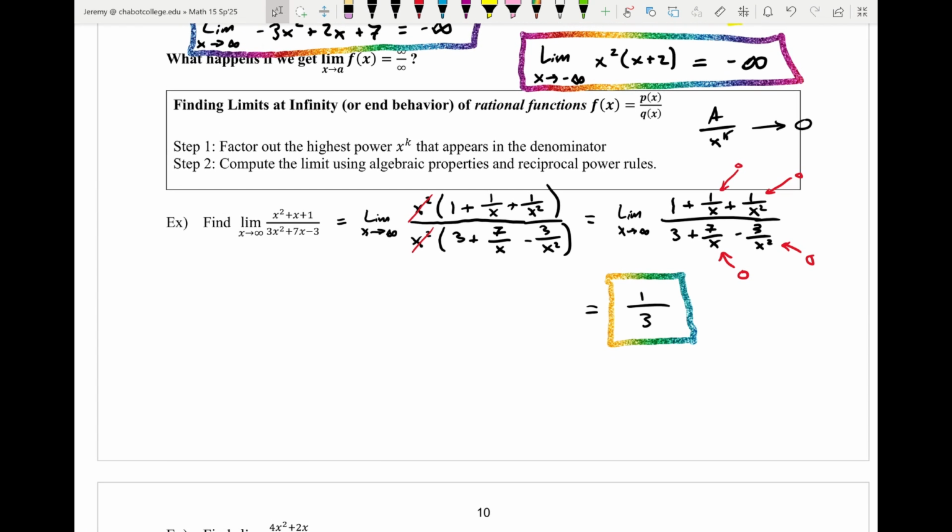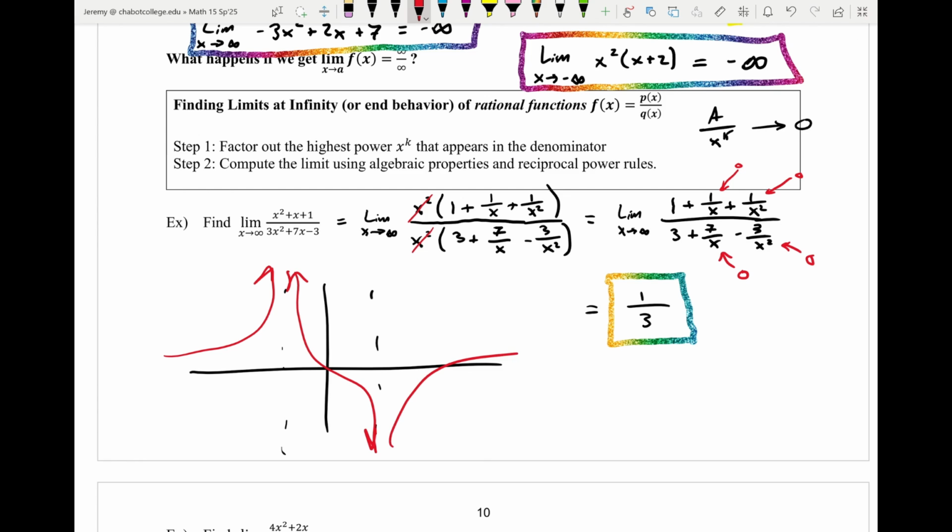Okay, you are welcome to graph this function on your graphing calculator if you want to see what the graph looks like. I think it's going to have a couple of vertical asymptotes. I don't know exactly what it looks like, but it might end up looking something like this.